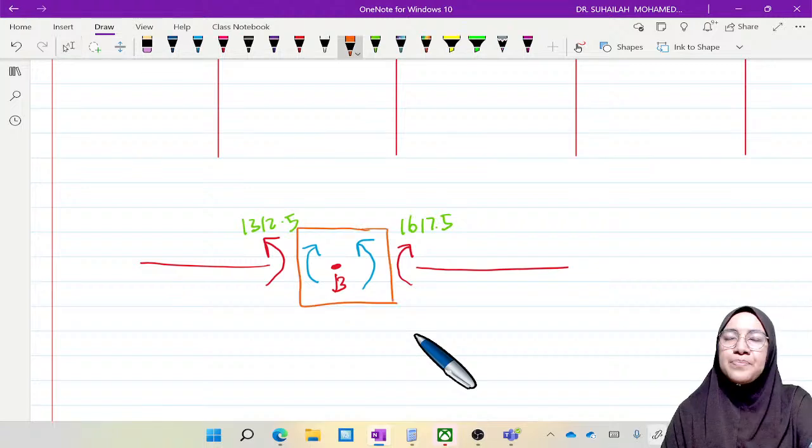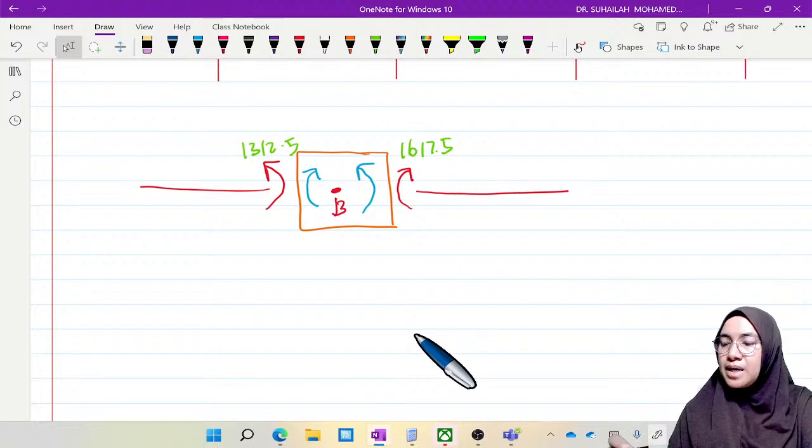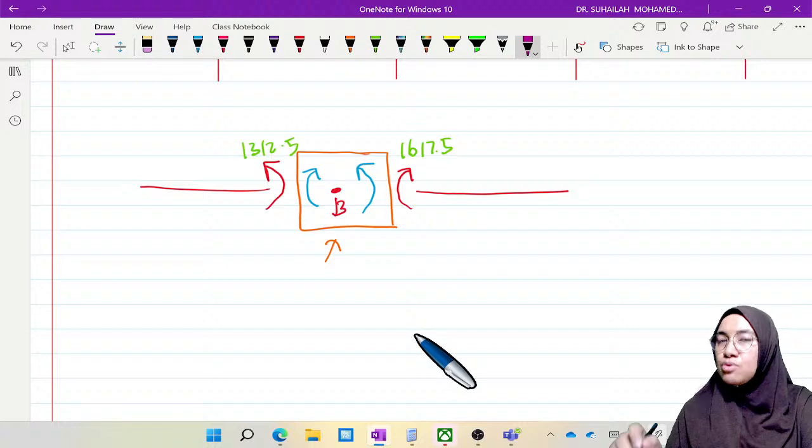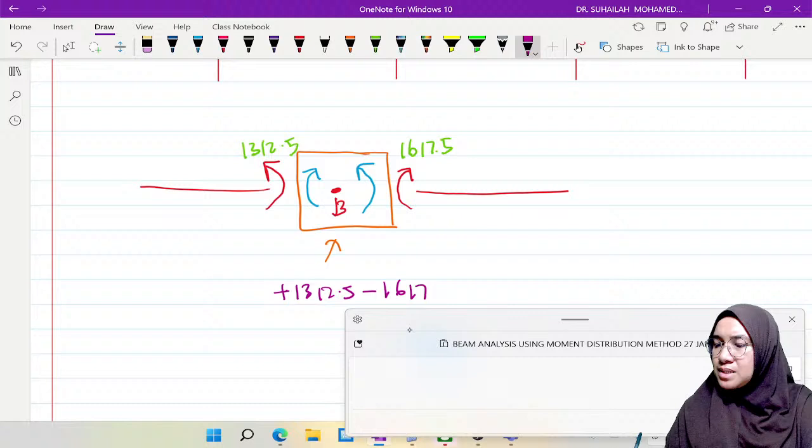Okay, the blue arrow. So the joint moment is equal to, by looking at the blue arrow direction, positive 1312.5 minus 1617.5.